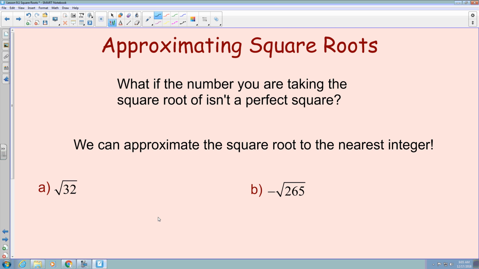Okay, now in these examples here, it says approximating square root. It says, what if the number you are taking the square root of isn't a perfect square? So we've looked at different perfect squares, like 1's a perfect square, 4 is a perfect square, 9, 16, 25, 36, going on and on. Now they want us to approximate it. There are two different ways that they're going to ask us to approximate in this particular lesson.